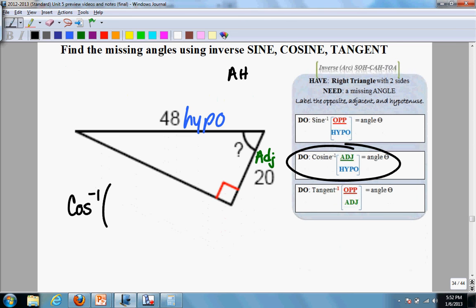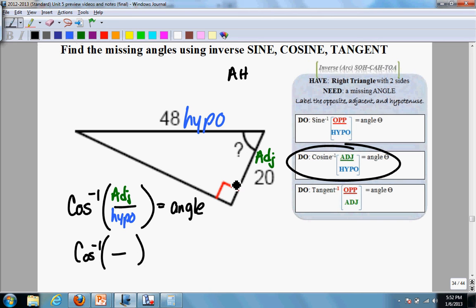Inverse cosine, adjacent over hypo, will give you the angle. So it's inverse, adjacent 20 over hypo 48 gives you the angle.